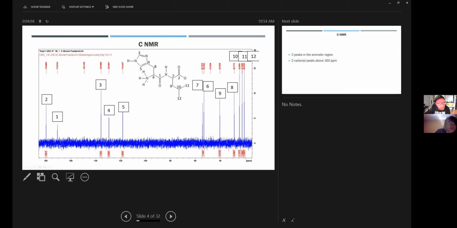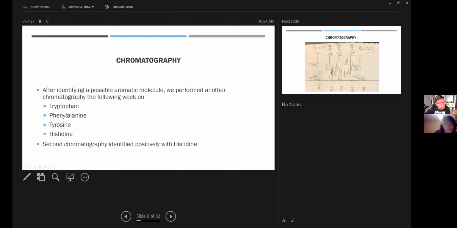We have this nitrogen here between carbon 1 and carbon 7, and that is the actual bonding nitrogen. So the nitrogen from the amine group of our leucine here connects to the methyl group of our histidine to make the full dipeptide.